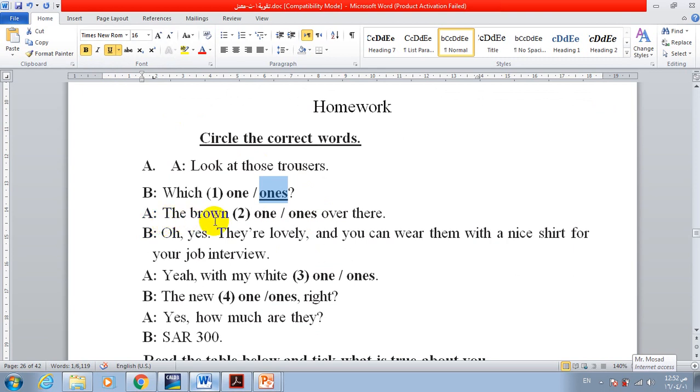Another example, the brown one or ones over there. In this sentence too, he is speaking about the same plural noun, trousers. So we can say the brown ones over there. Yes, the right answer is ones too, because it relates to the same plural noun.